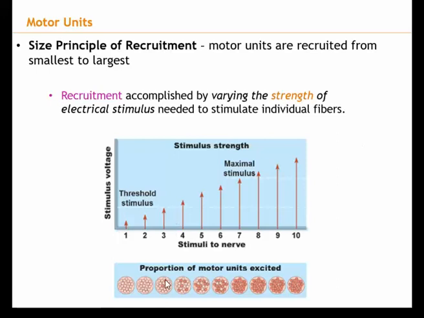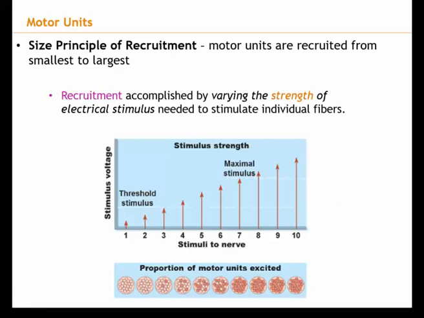But here in 3, we did reach the threshold, but it was just a normal stimulus. Maybe 1 or 2 action potentials were sent to the muscle, so we may only activate a small number of motor units. And then as the stimulus gets bigger, with more action potentials sent to the muscle, that's going to recruit more motor units, as you see here.